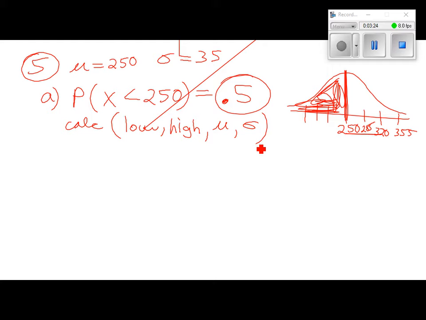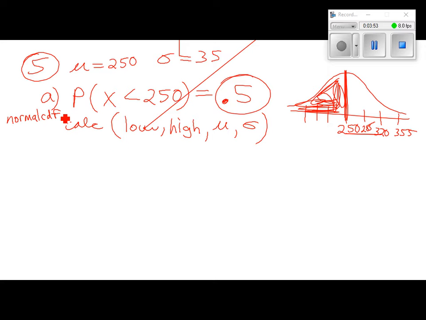We hit second, bars, normal CDF. Remember, CDF is if we want from some point in a direction, the cumulative, all of it added up. If we just wanted exactly 250, then we would use PDF instead of CDF.